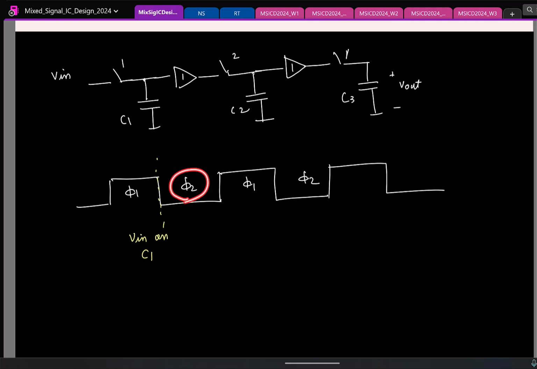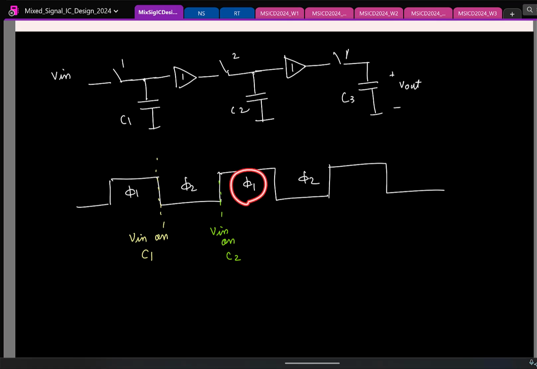Let's assume all capacitors are uncharged first. If everything is 0, first I am sampling Vin on C1. During the second clock phase, Vin is buffered and gets stored on C2. So at the end of this phase, Vin is available on C2.